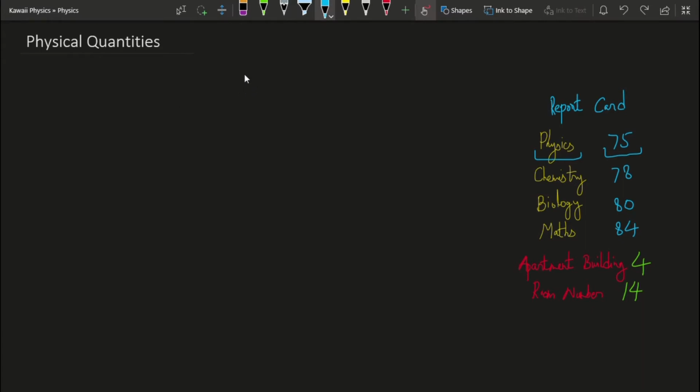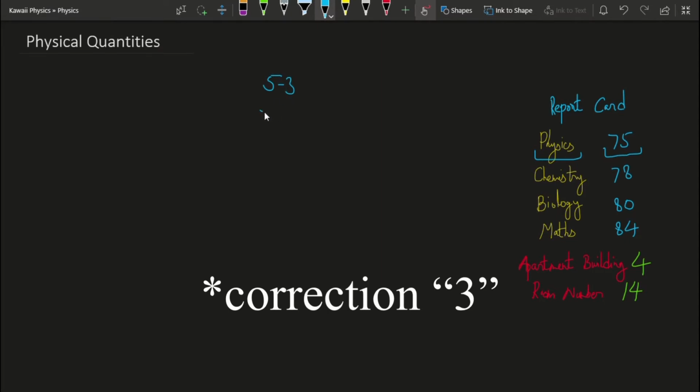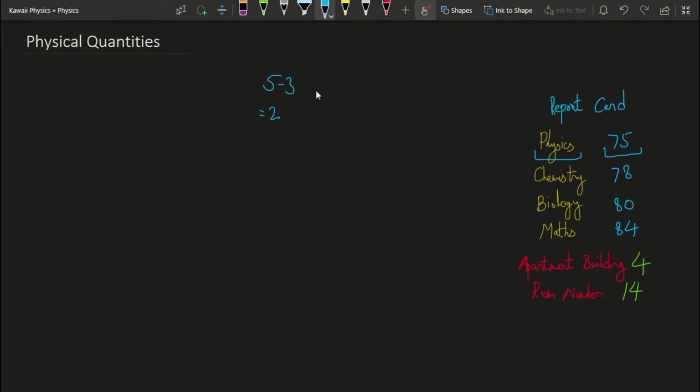In mathematics you can say 5 minus 3 equals 2, but in the real world if you are trying to calculate something, you need a standard of measure. For example, 5 meter minus 3 meter, you get 2 meter.